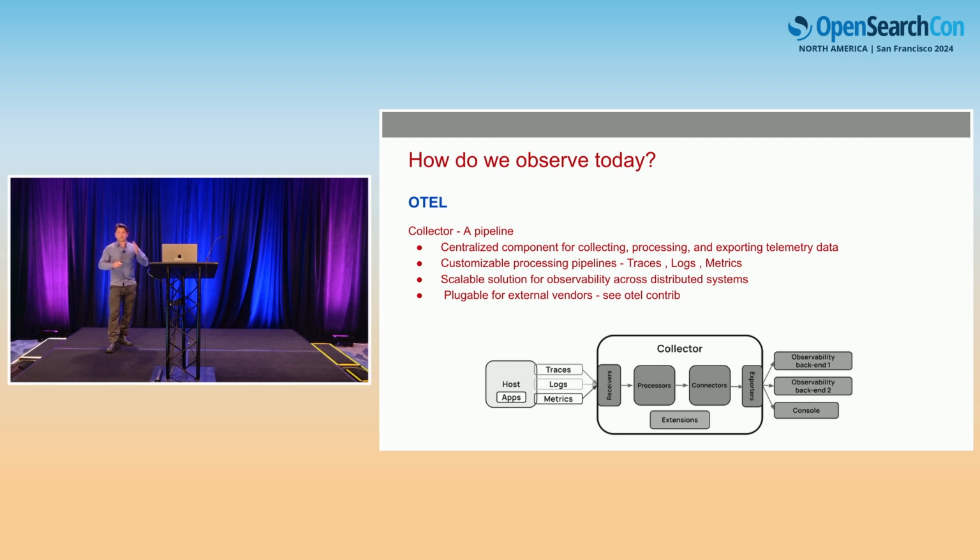That collector can be scaled in the sense that it can withhold a very large volume, and it has the ability to export the data into multiple data stores, Prometheus, for example, OpenSearch, and others.